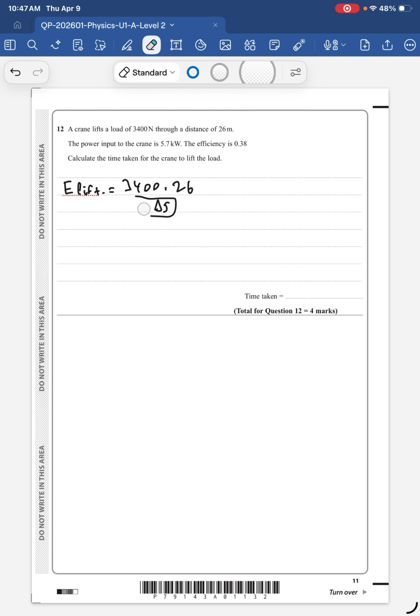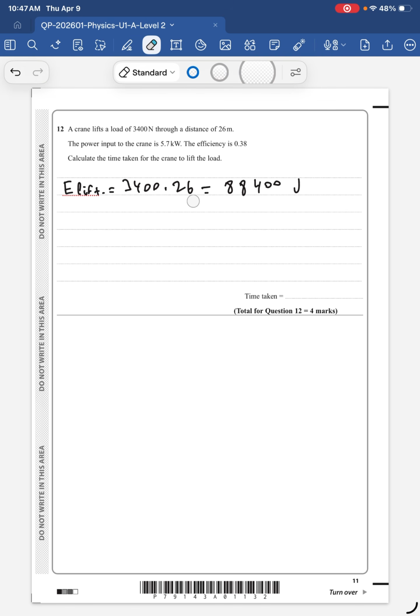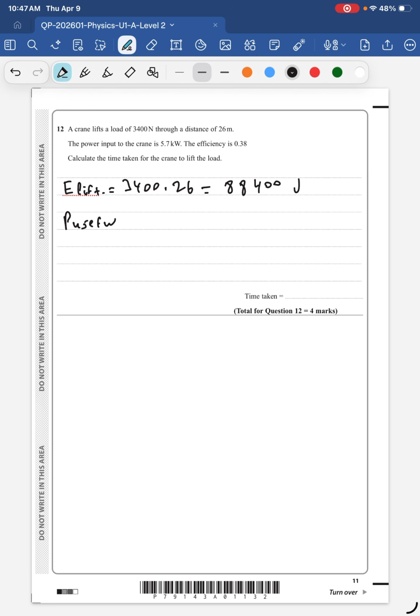If we evaluate this, we find 88,400 joules. We are multiplying newtons times meters, which is joules. Now, the useful energy, so that's how much energy we will need.